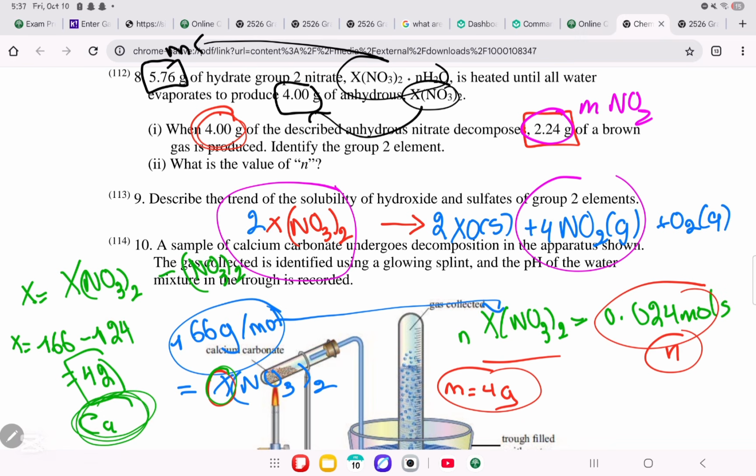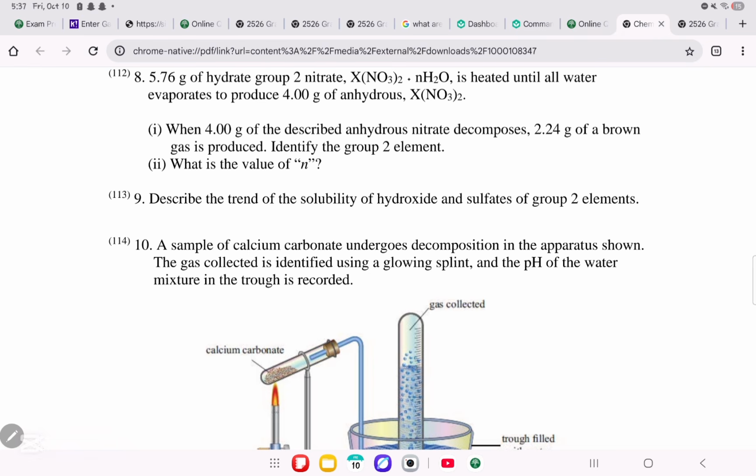What's the value of N? Actually, we did not find the value of N. Let us find the value of N. We know that instead of X, it's CaNO32 plus NH2O. So how do we find the value of N? Actually, very, very important question. Look how I would do it personally.